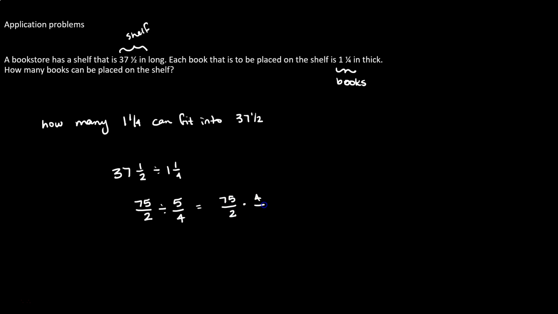Really important that you flip the second fraction, not the first one, and then multiply. I see some factors that will reduce. The 2 and the 4 leaves behind a 2 on top. The 5 and the 75, let's see, that'll leave 15 behind in the numerator. So 15 times 2 would give us 30. So we can fit 30 books on the shelf.